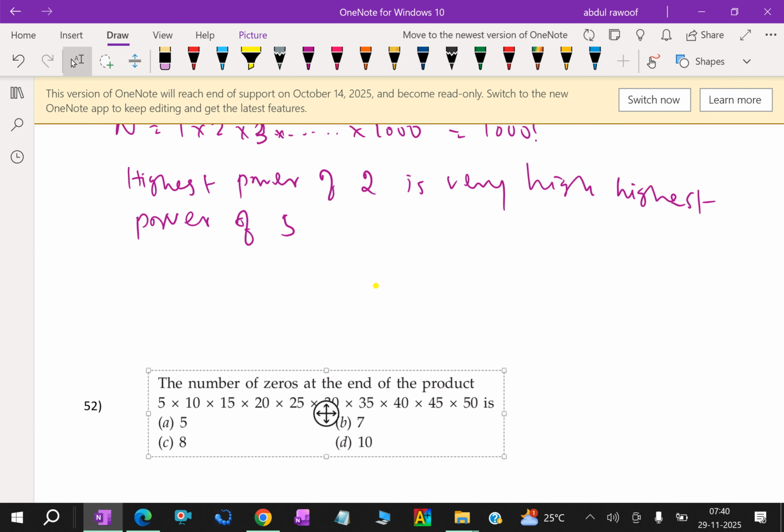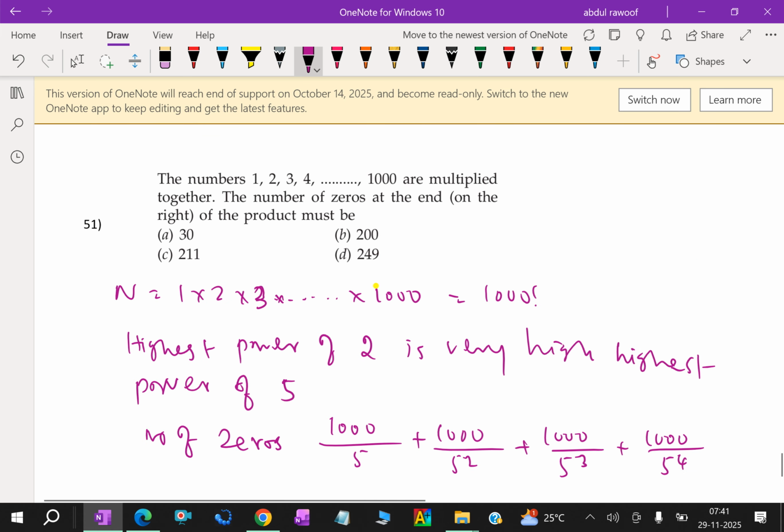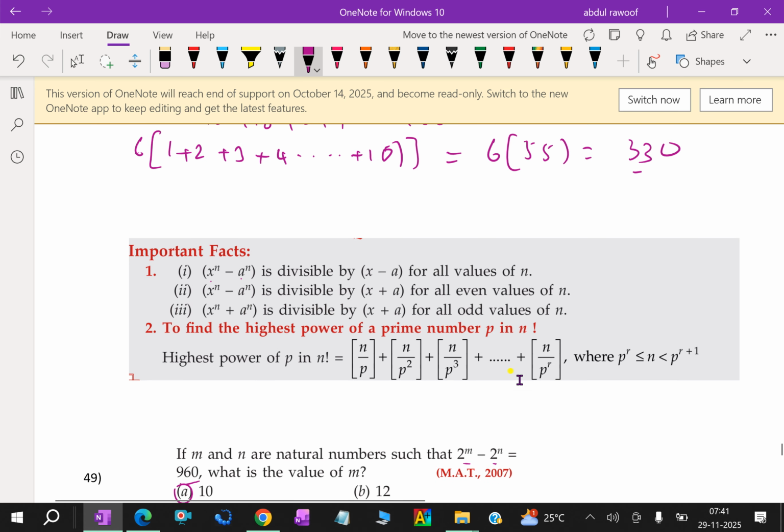Therefore, the required number of zeros is 1000 by 5, plus 1000 by 5 square, plus 1000 by 5 cube, plus 1000 by 5 power 4, by this rule.